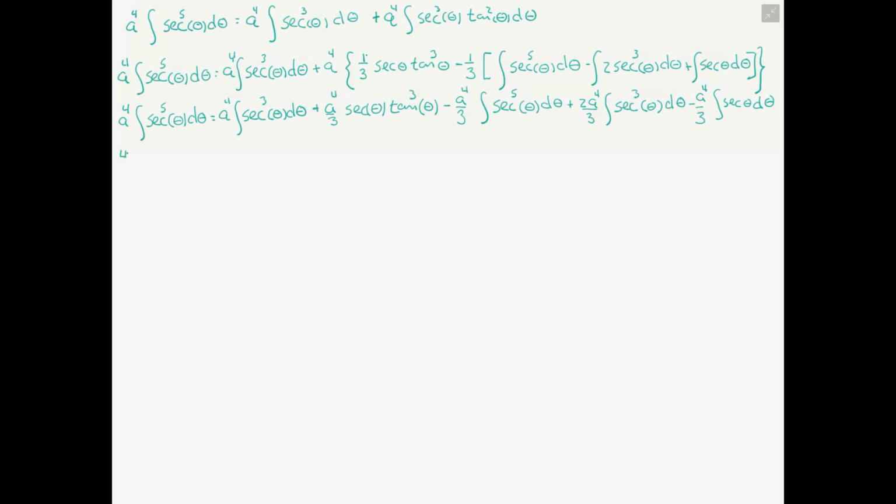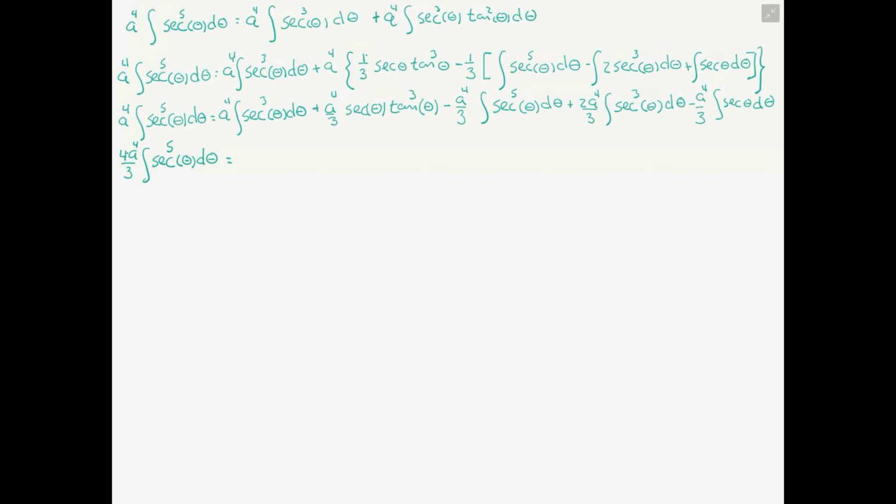And if you notice here, we have a fraction, minus 1/3 a to the fourth integral secant to the fifth that can be brought to the left side of the equation. And so we end up with 4/3 a to the fourth secant to the fifth theta d theta.